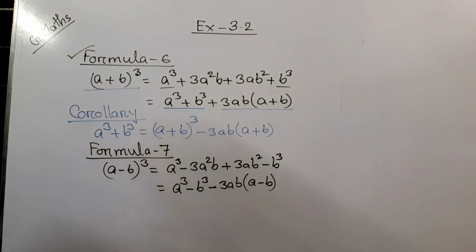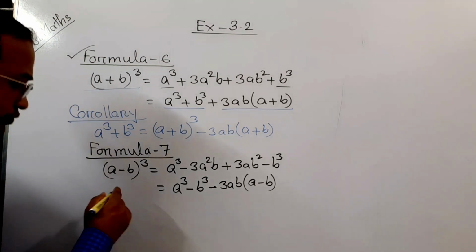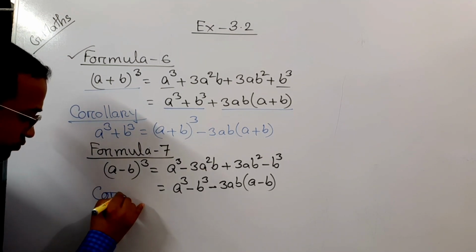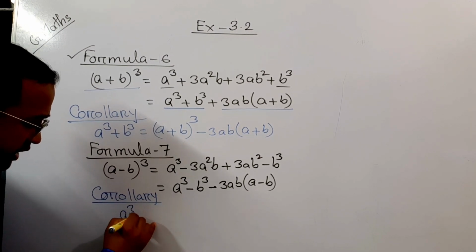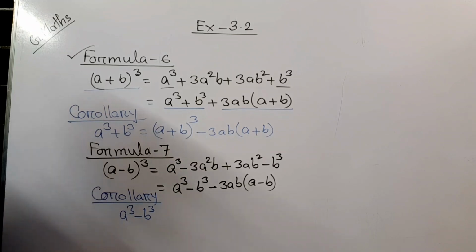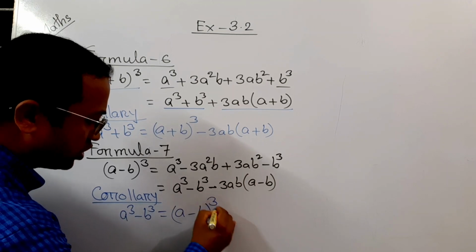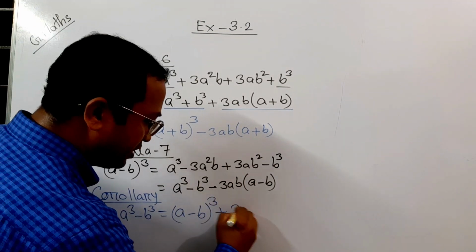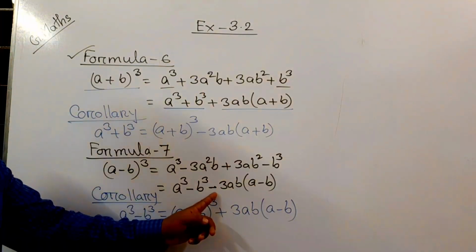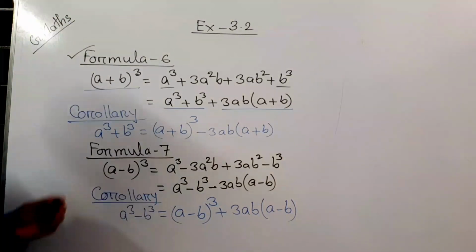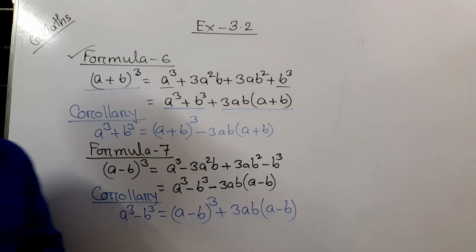Again from formula 7 we can write a corollary, that is a cube minus b cube is equal to a minus b whole cube plus 3ab a minus b. This subtraction will be addition. So from formula number 6 we get a corollary, and from formula number 7 also we get a corollary.